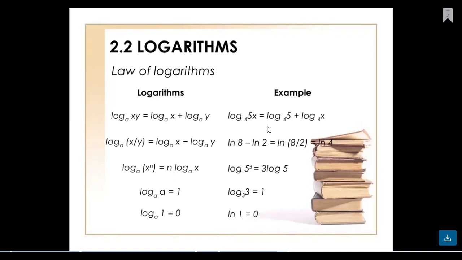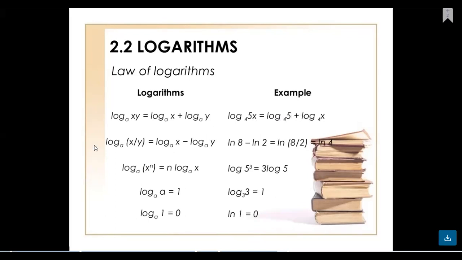Okay, so for example, ito, log 4 5x is equal to log 4 5 plus log 4 x. So dinidistribute natin itong log 4 to both 5 and x. Tapos plus na siya.